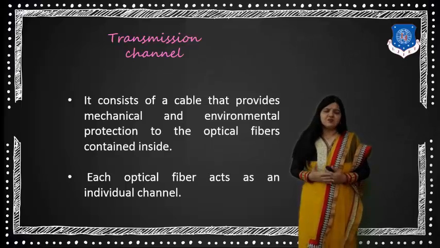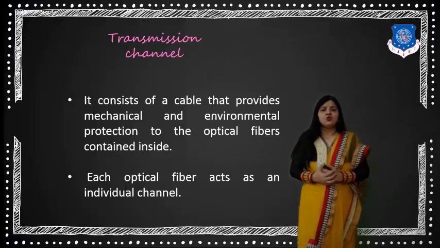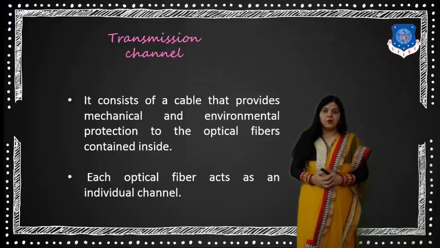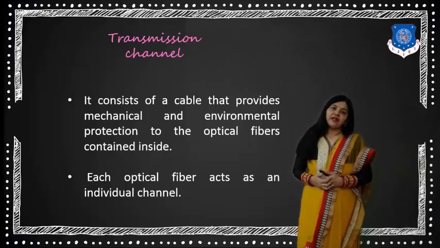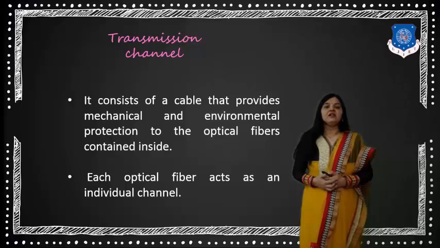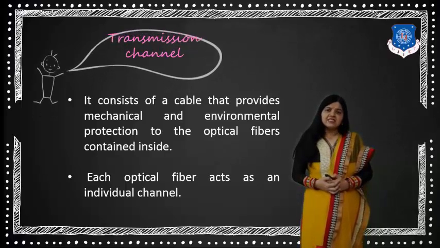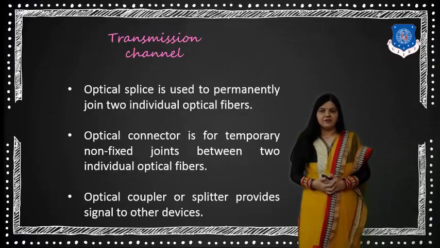So that is why we need to go for the optical fiber, and it is connected with a particular kind of material to protect the fiber or to provide strength to the optical fiber. So it can act as an individual channel.